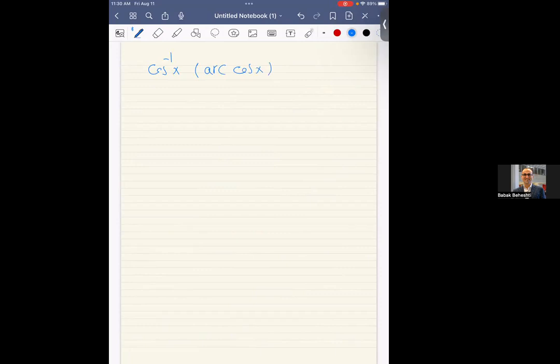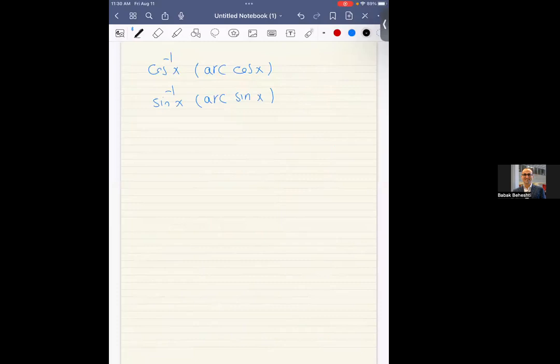Sine inverse is also known as arc sine. Cosine inverse is just the inverse, but you have to be careful because cosine is not 1-to-1.